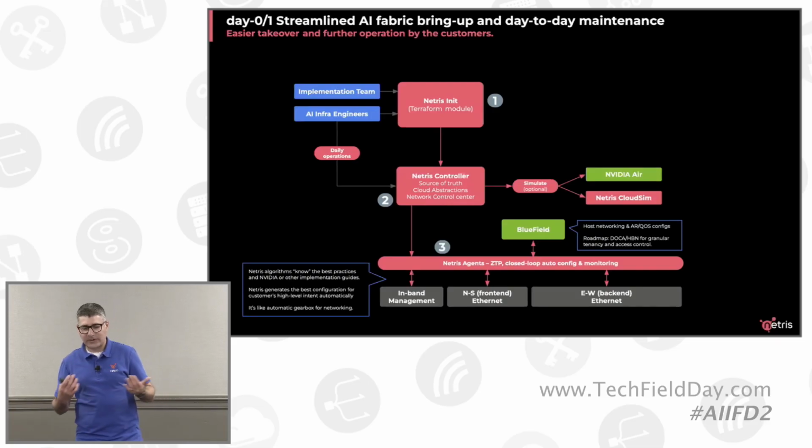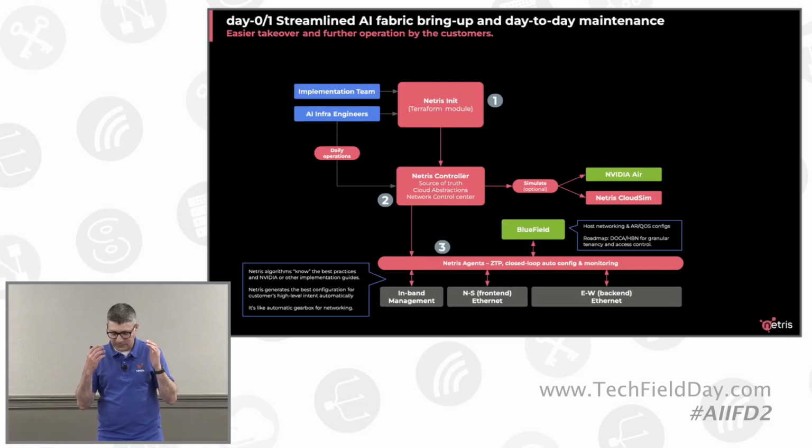And then typically either implementation team tells, kind of models what network is going to be in Netris Controller. Implementation team can be customers team, can be our professional services, can be system integrators professional services, or vendors professional services. We work with all of them.